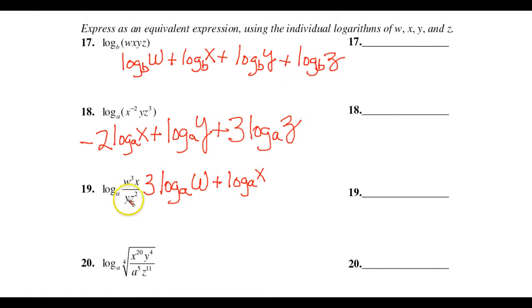Now, both of these are down in the denominator. I could put a negative sign and then parentheses.